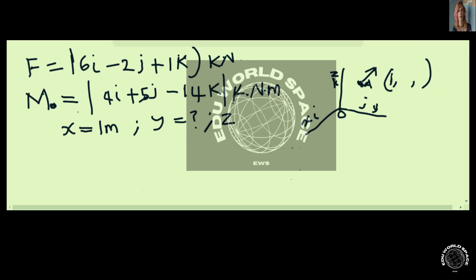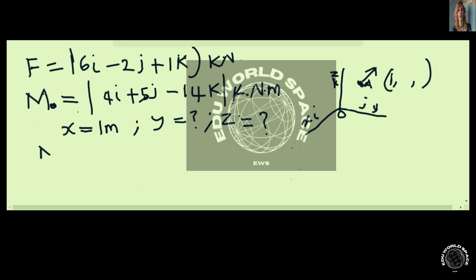Since we know the moment, we can use the position vector and a determinant in matrix to solve for y and z. We will arrive at some linear equations, and solve them to get the values, so that we have our moment.